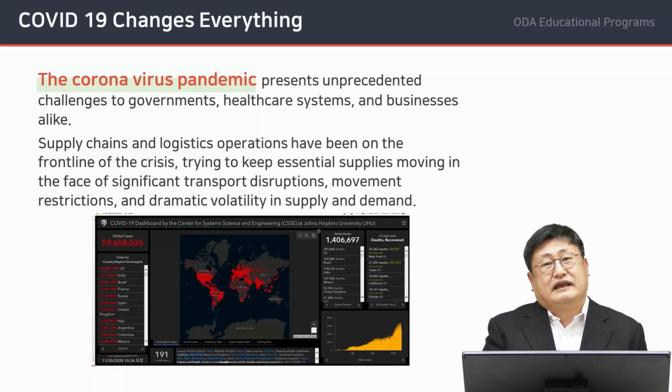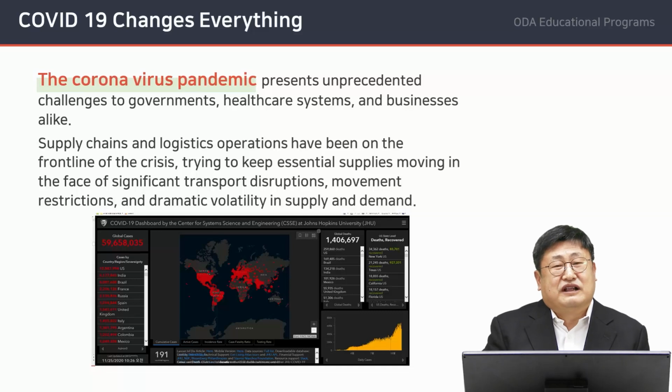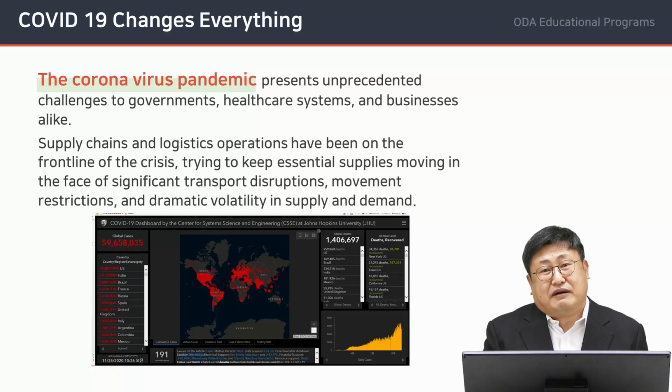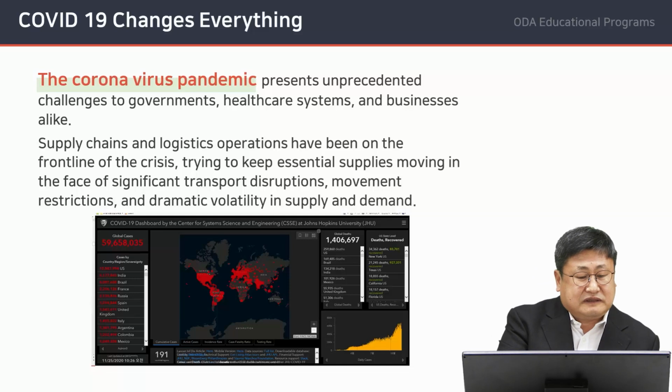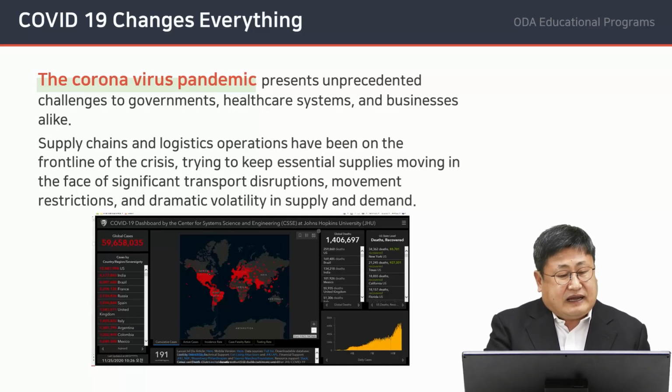Because of COVID-19, we have a lot of transport problems, movement restrictions, and dramatic volatility in supply and demand.